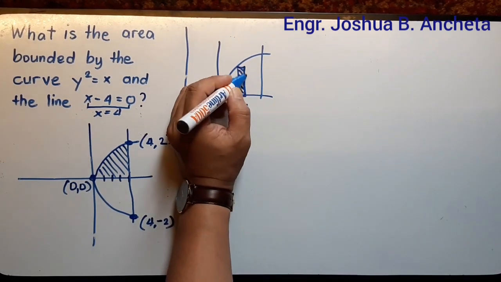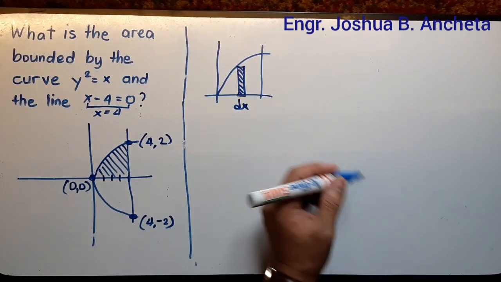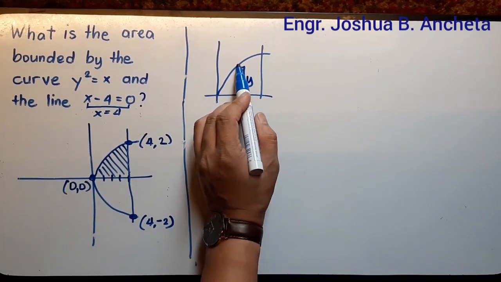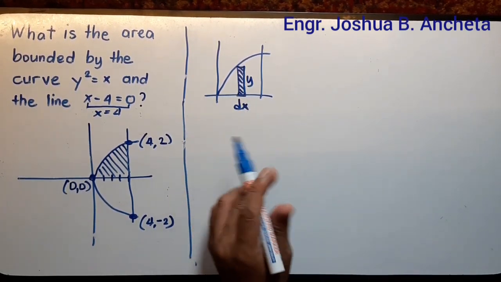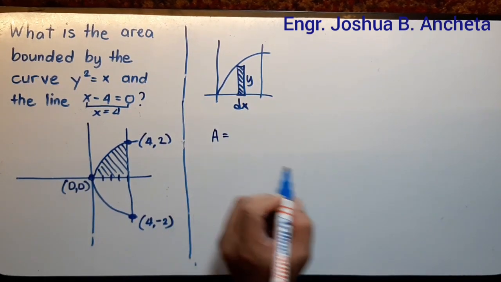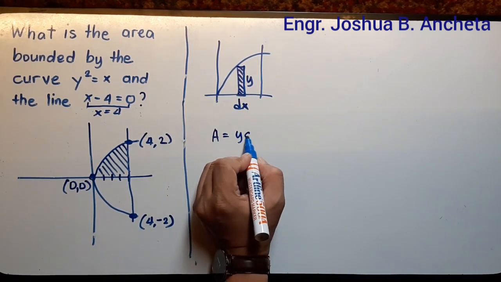The longer side of this rectangular strip should be represented by y. To get the area of this rectangle, it's simply y times dx. Side times side to get the area of a rectangle.